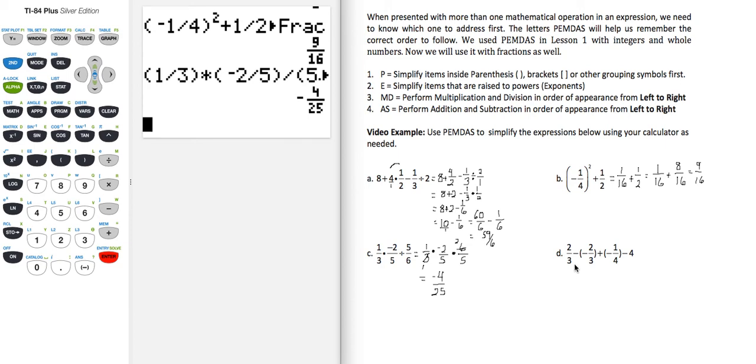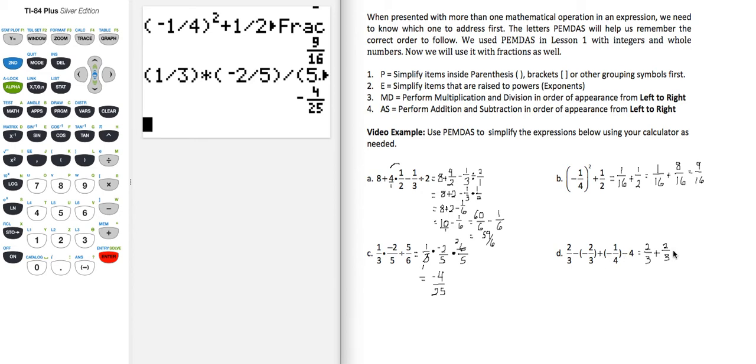Moving on to the last one, part D, I have 2/3 minus a -2/3 plus a -1/4 minus 4. Well, there's a lot going on here, but I'm going to start by resolving my signs. 2/3 minus a negative is a plus 2/3. So I'm not so much dealing with what's inside the parentheses, but removing the parentheses by working with the signs.